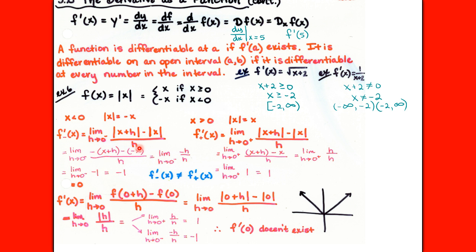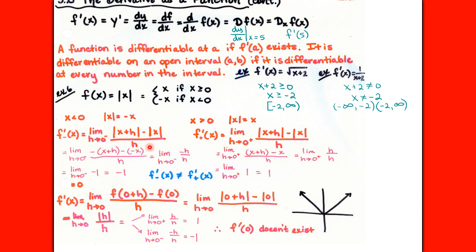So f of x plus h means put x plus h in the place of x in your function. That means we would be putting x plus h in the place of x in that absolute value. So there's the absolute value of x plus h, minus f of x, which is just our regular function, divided by h, right?